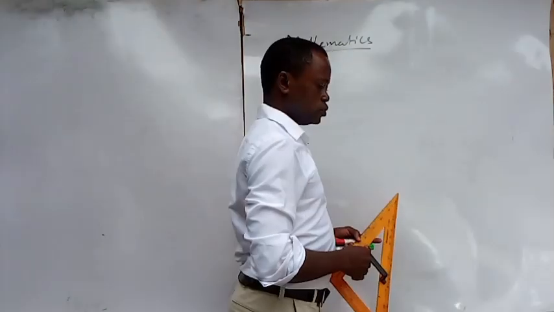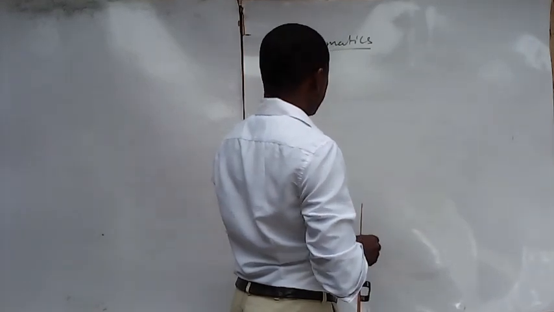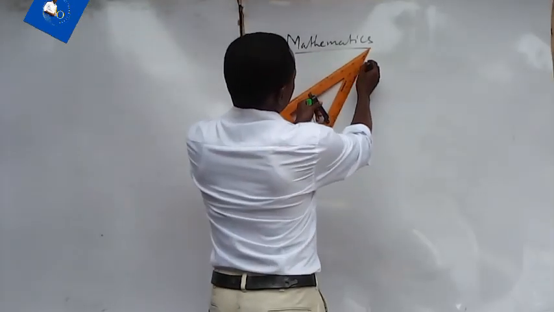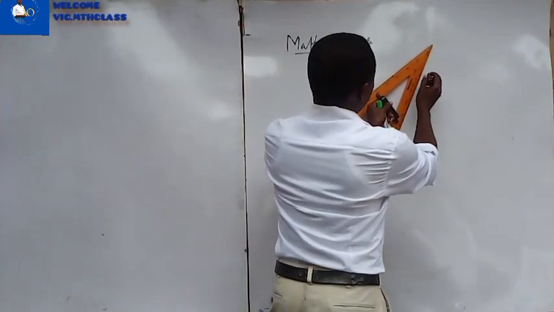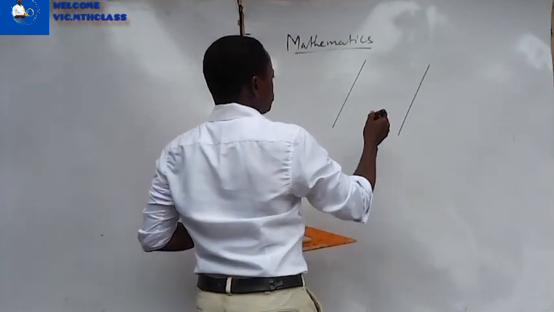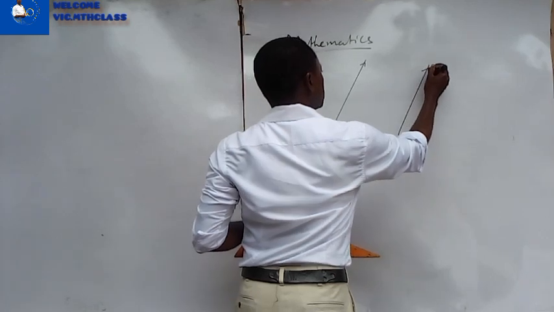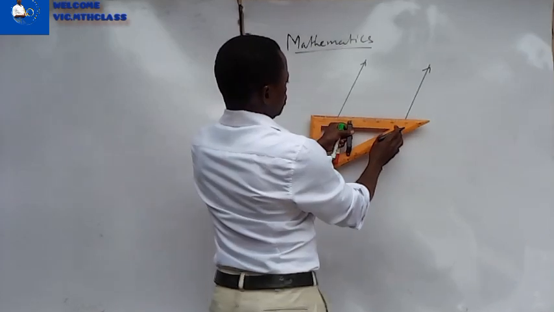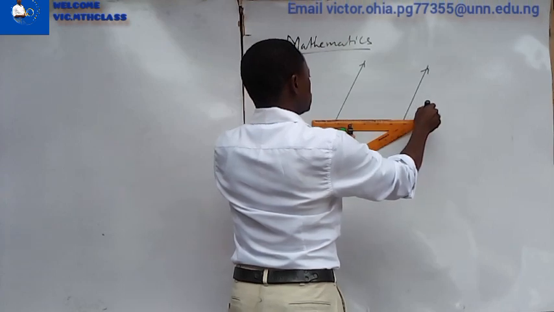If you have two lines of this nature, a line like this and another line like this, we normally say, or take for instance, if we say that this line is parallel to this line, and we can also put up a transversal this way.